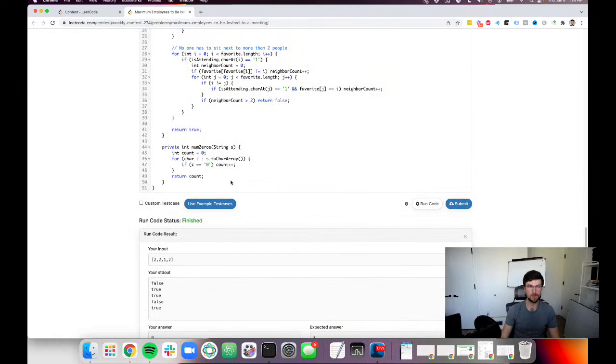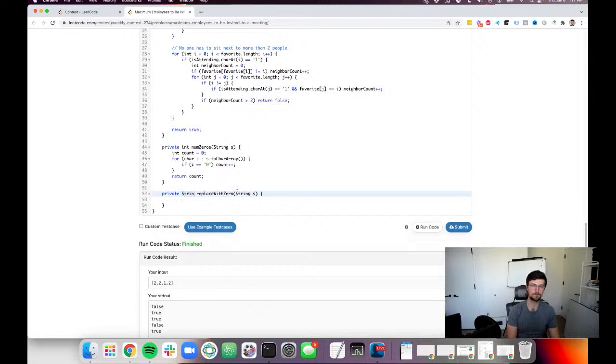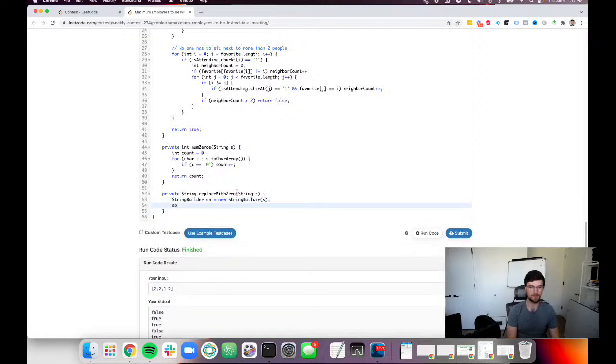To do this, I'm going to add another helper, because manipulating the string is kind of annoying. Basically I'm going to convert my string to a StringBuilder, take an index and set that value to 0.